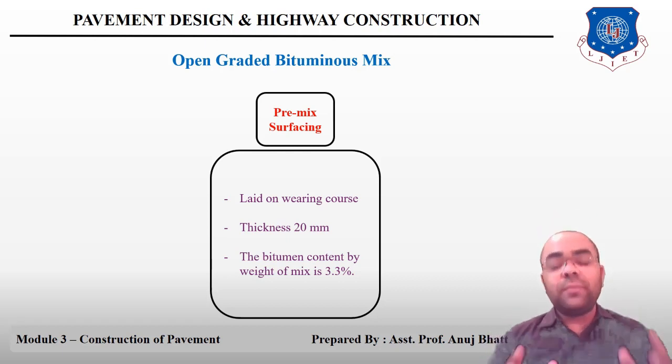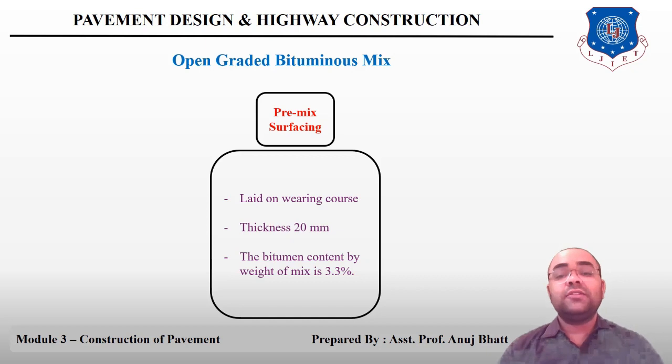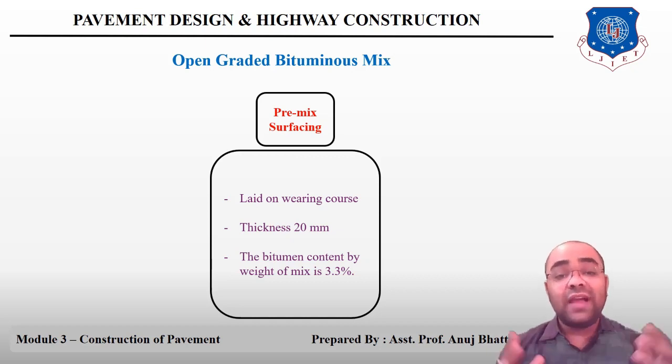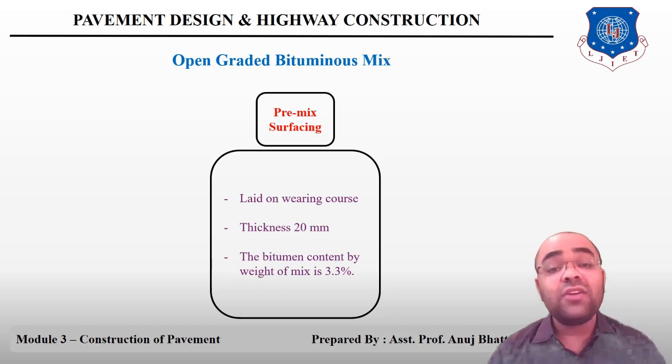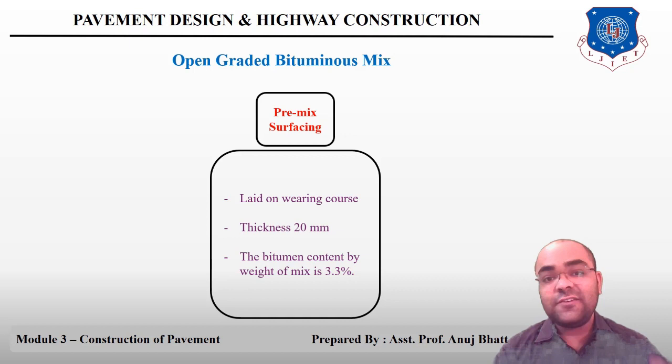If we talk about the preparation of that particular mix, a hot mix plant of appropriate capacity and type shall be used for the preparation of the mix material. The hot mix plant shall have a separate dryer arrangement for heating the aggregates.